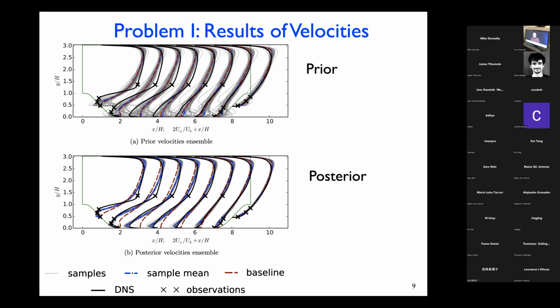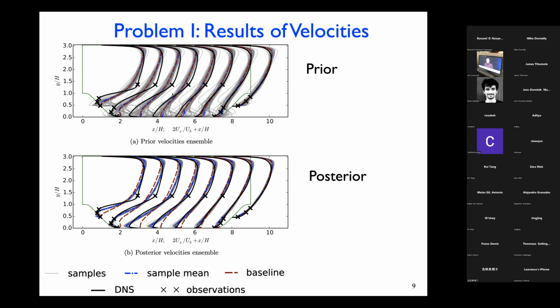And the gray lines represent the ensemble of simulations in which we incorporate the sampled Reynolds stress discrepancy delta tau. And the blue lines here represent the ensemble mean. The solid black line here is the direct numerical simulation data, which we view as the truth.